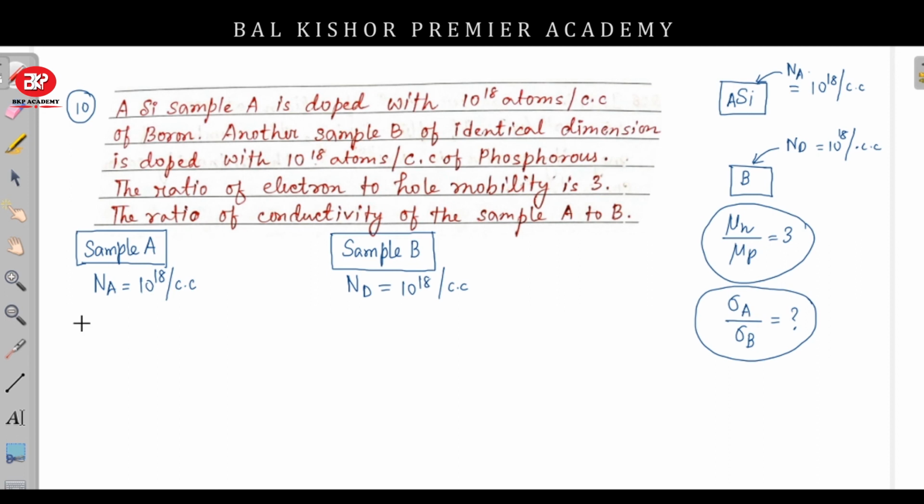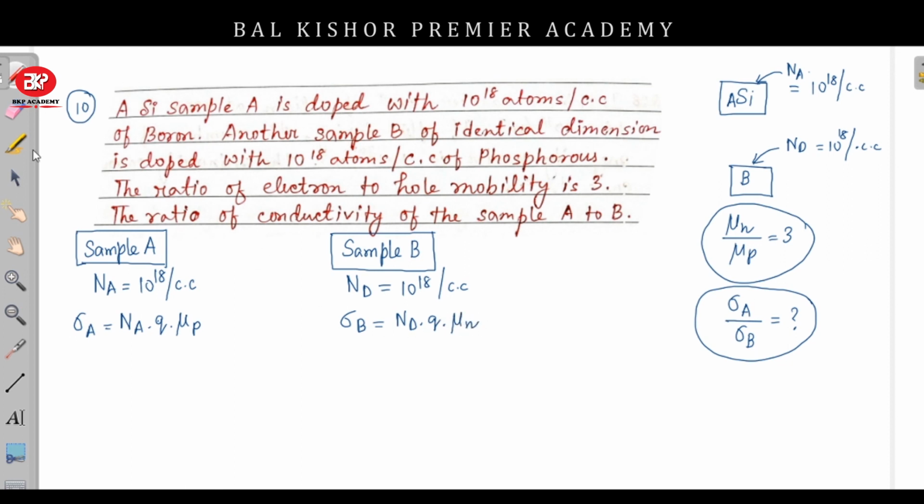Now what will be the conductivity of sample A? It will be Na into q into mu. Na means holes, so mu p. And the conductivity of sample B will be Nd into q into mu n.